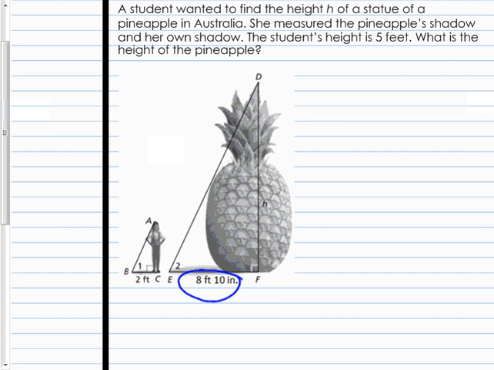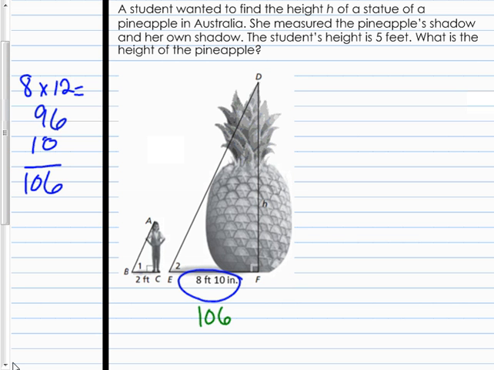So there are 12 inches in a foot, so 8 times 12 is 96. I'm going to add 10 inches, 106 inches. So I'm going to use 106 inches as that.